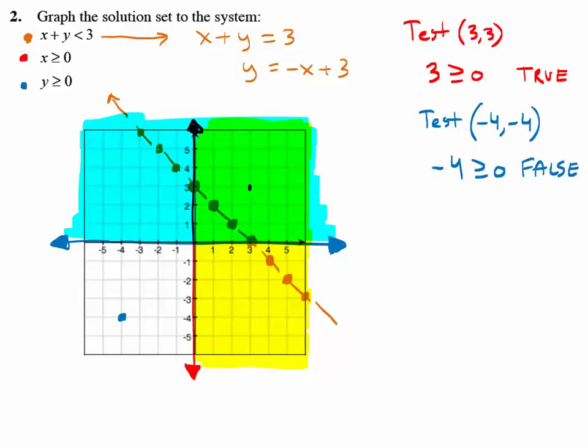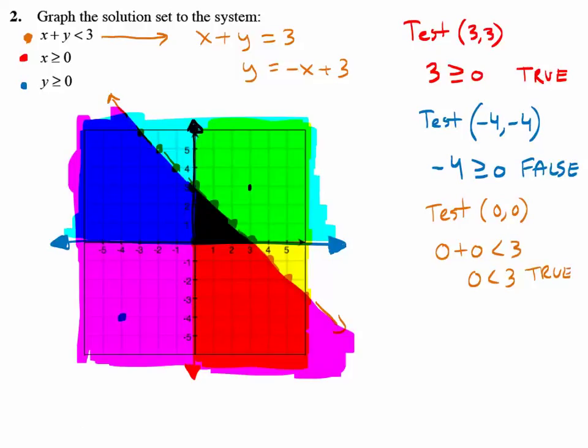Okay, and we got to pick a little test point. Which one do you guys want to use? 0, 0 is fine by me. Pick test point 0, 0, and 0 plus 0 is still 0, so really 0 is less than 3. Comparing that means we're going to shade towards the point. That's a true statement. All right, and the question is, what's shaded all 3 times?